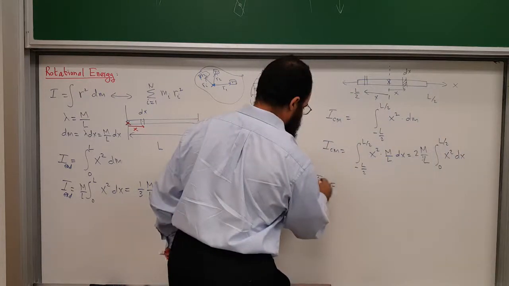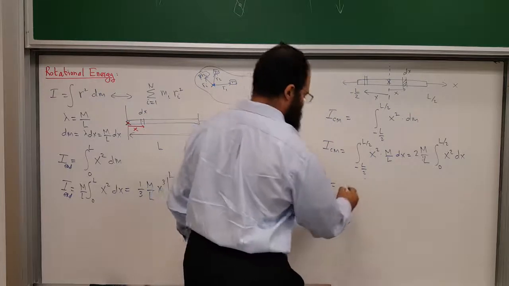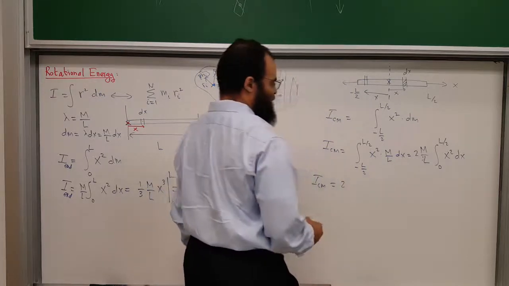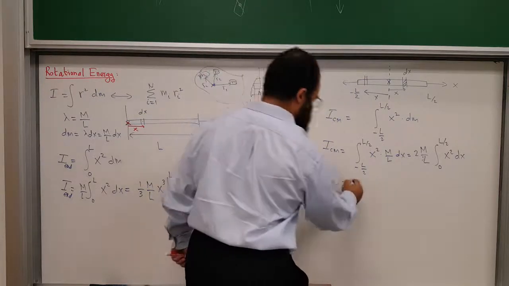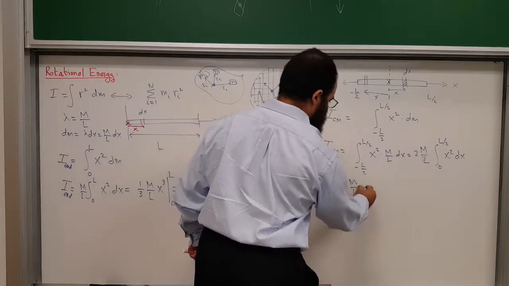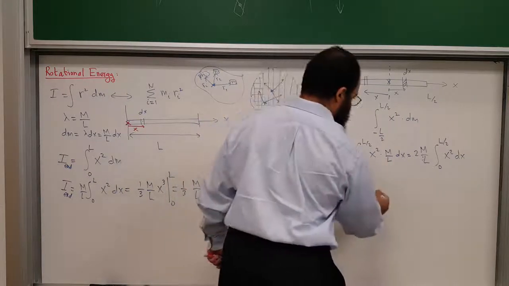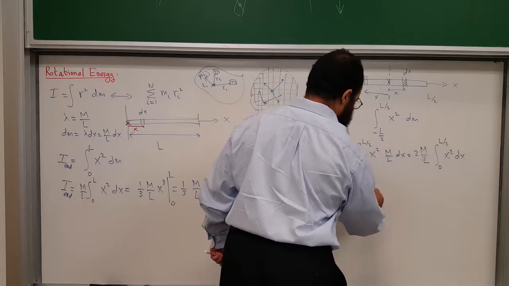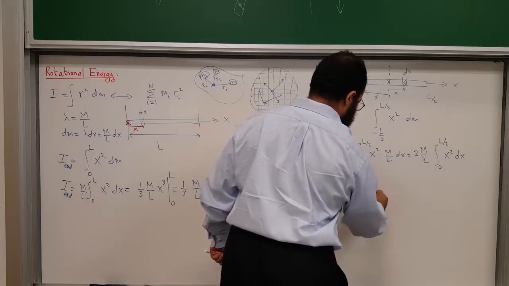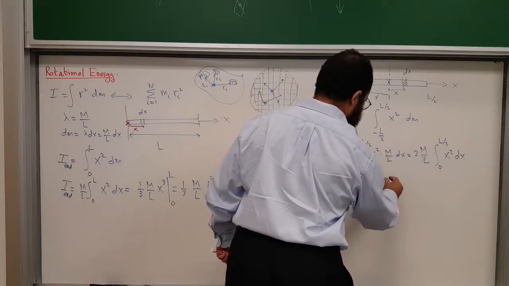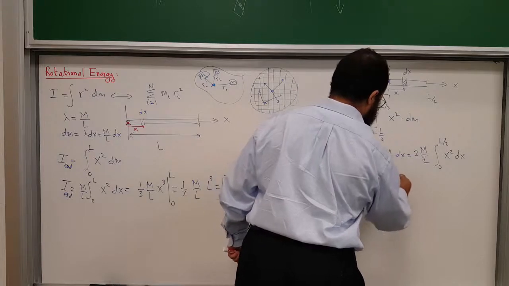So I about the center of mass would be 2 times m over L times the integral of x squared, which is 1/3 of x cubed, evaluated between 0 and L over 2.